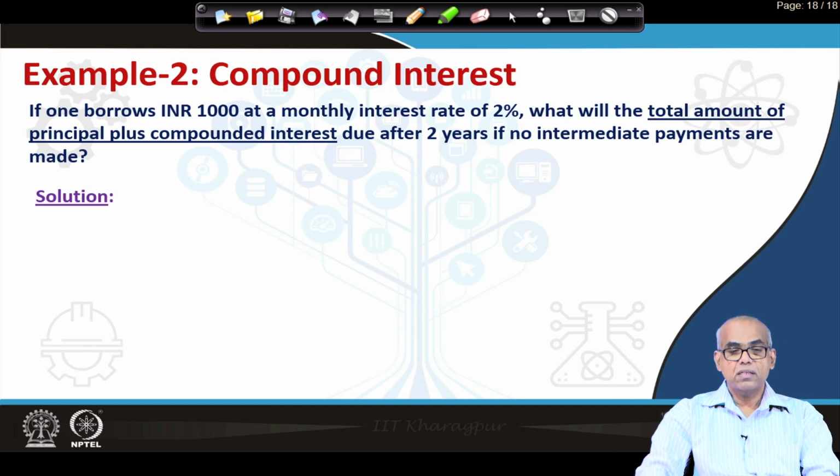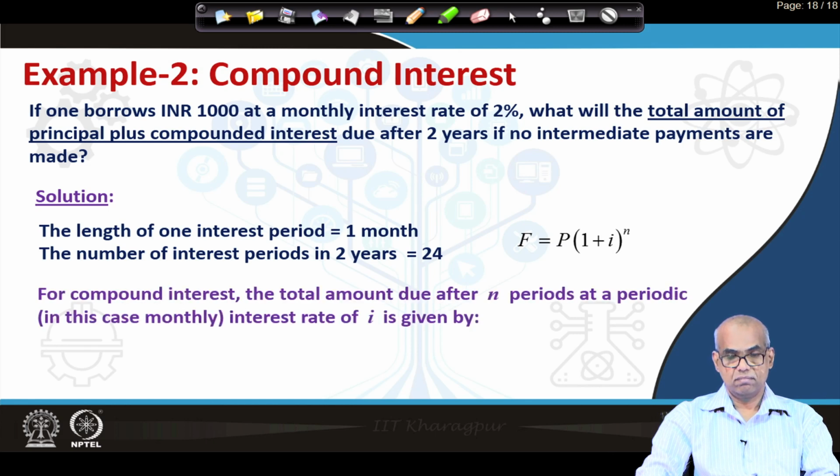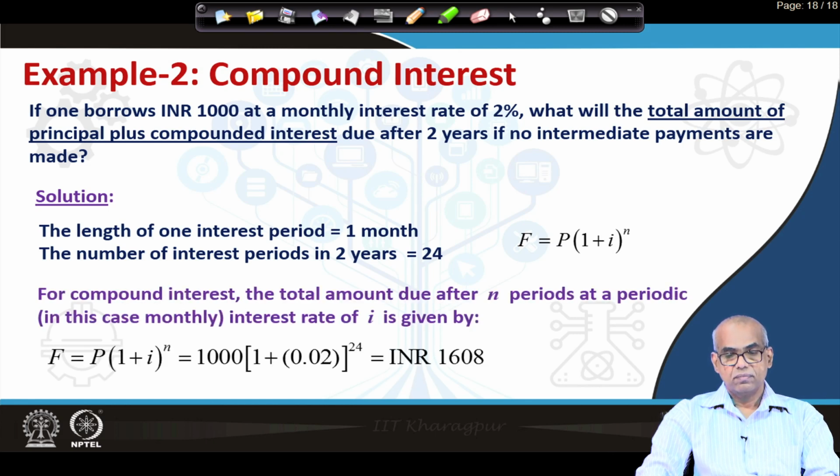Now, let us take an example of compound interest. If one borrows 1000 rupees at a monthly interest rate of 2%, what will be the total amount of principal plus compounded interest due after 2 years if no intermediate payments are made? Again, the length of one interest period is 1 month, the number of interest periods in 2 years is 24. So, now you make use of the equation F equal to P into (1 + i)^n. i is 0.02 and n equal to 24.